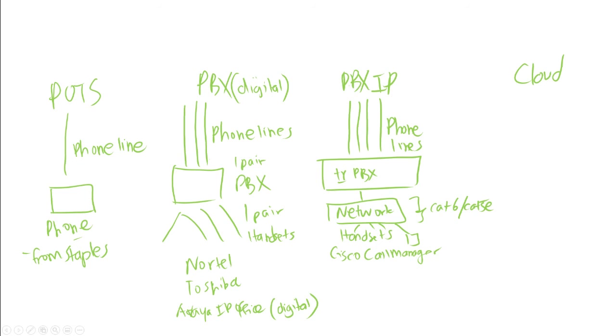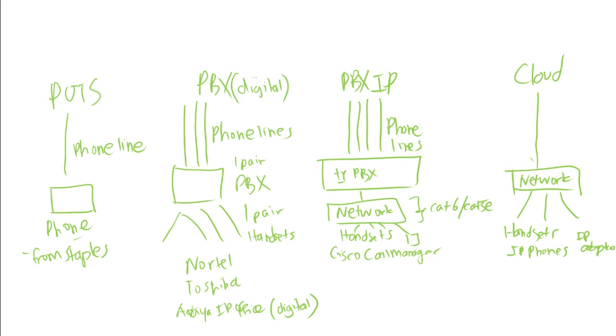So with a cloud system we have no more phone lines, we just have handsets. So basically IP phones and IP adapters for fax machines and things. And these connect to our network, and this goes into the internet.